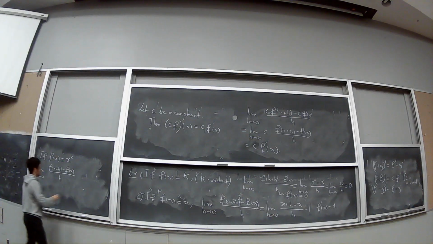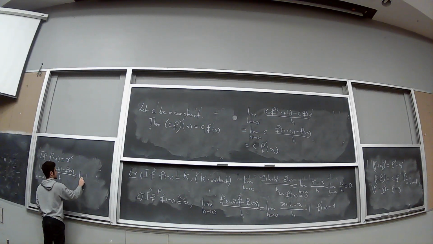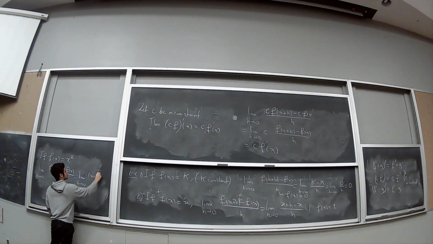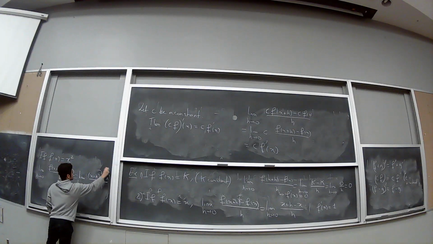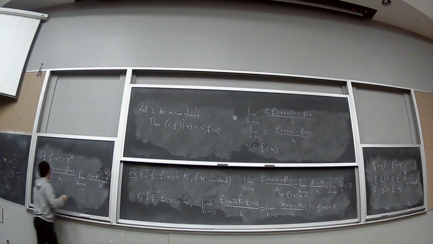Let's try to do this fast. This is x plus h squared minus x squared over h. Try to plug that in. You get 0 over 0, of course. How do you suggest doing it? We can expand the square, or we can factor it, the difference of two squares.